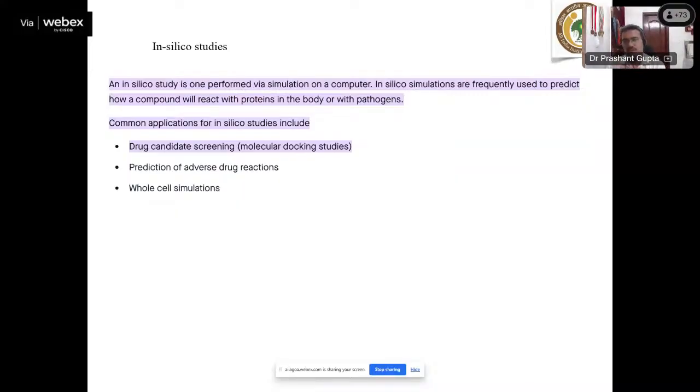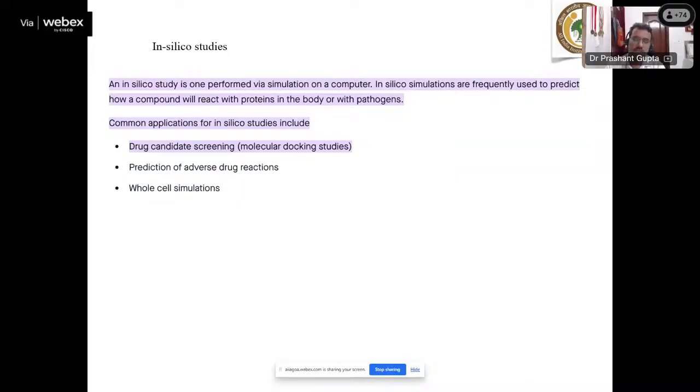These in silico simulations are frequently used for multiple purposes in conventional science. Among them, the best one is screening drug candidates, that is, which compound, maybe synthetic, semi-synthetic, or natural, has the potential for becoming a drug.